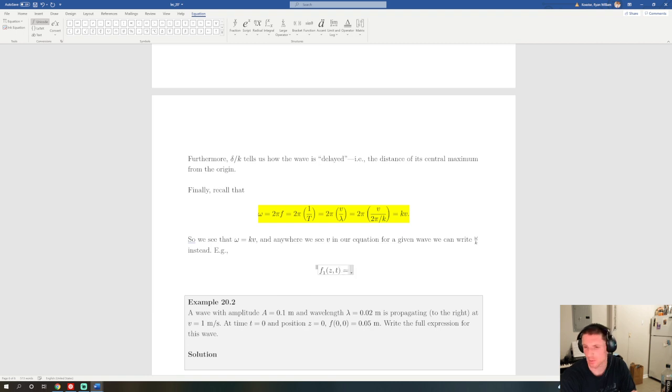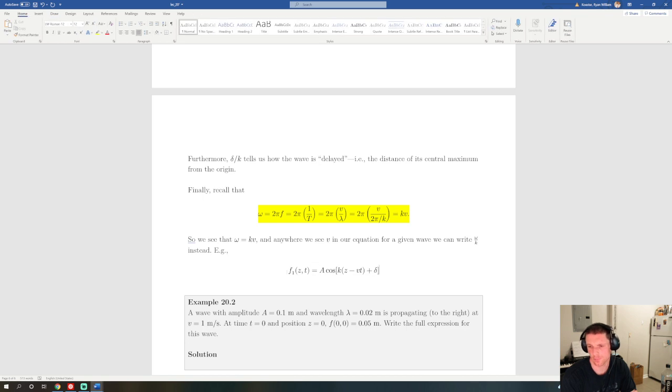So f1 was A cosine of k times (z minus vt) plus delta. And then we can expand this out. We can say A cosine of kz minus kvt plus delta. And then finally we can write A cosine of kz minus omega t plus delta.